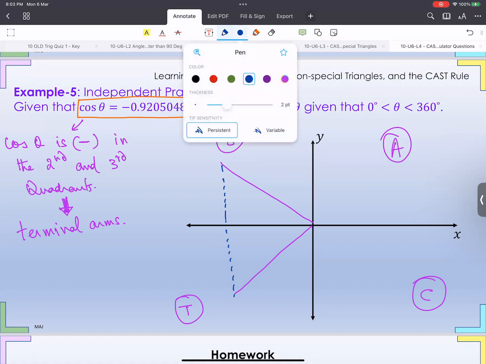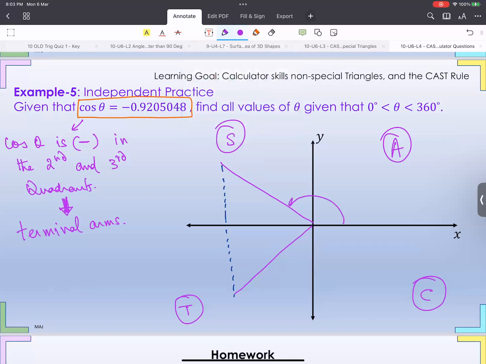So the first solution is going to be over here. Call it theta 1. Again, we're looking for the whole domain 0 to 360, so we have to look for another possible solution within that entire domain. The next possible solution is over here. You call it theta 2.